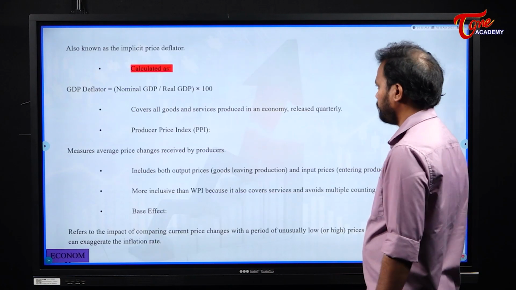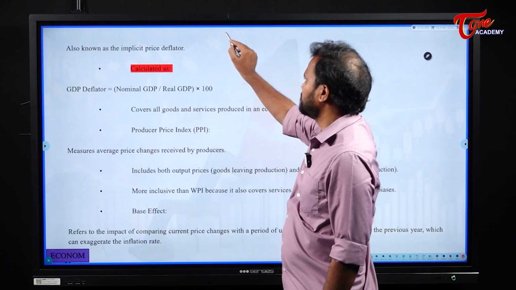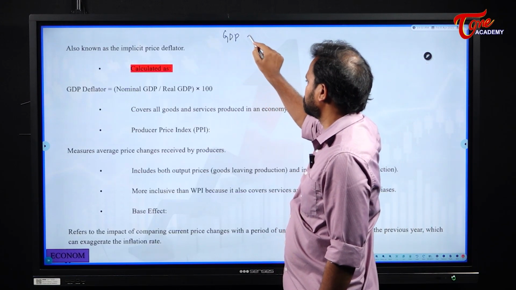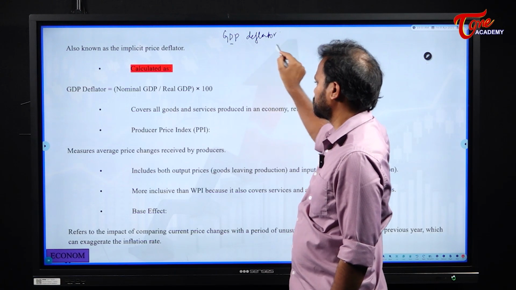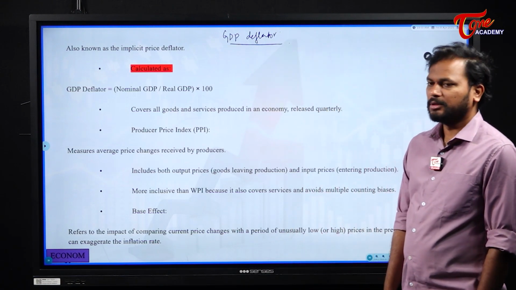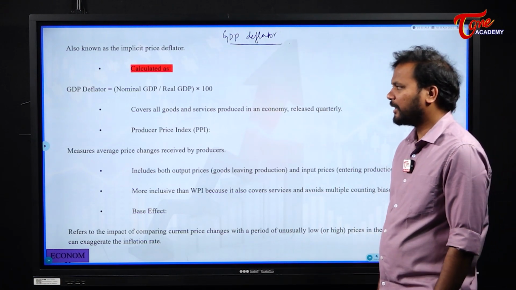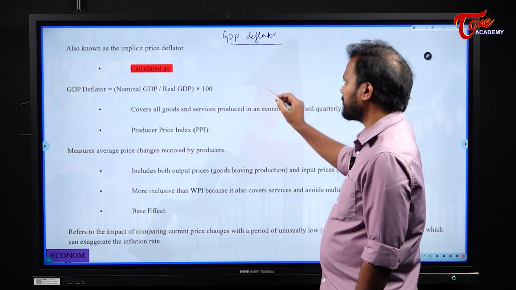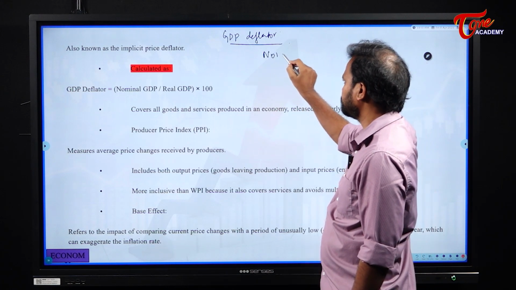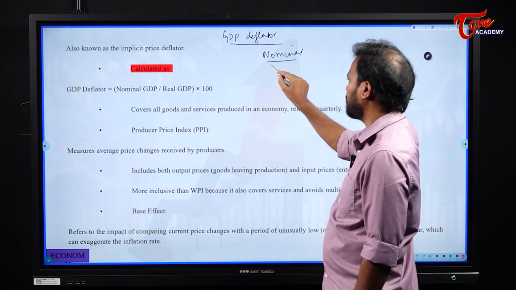Next, GDP deflator. GDP deflator is nothing but it compares the nominal GDP to the real GDP.